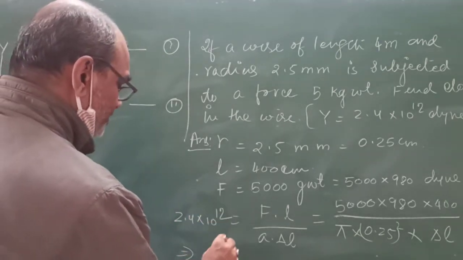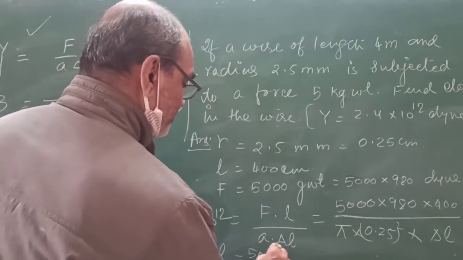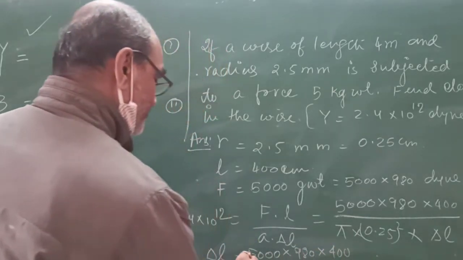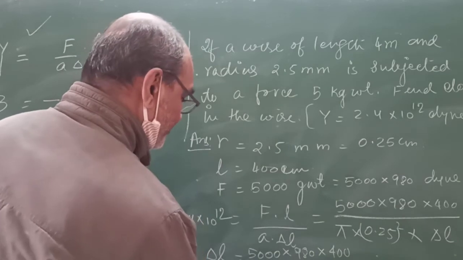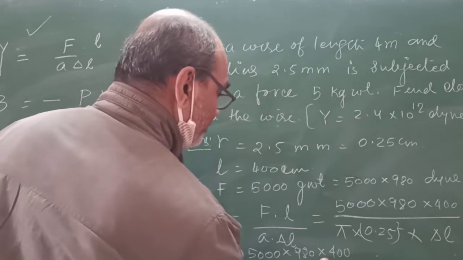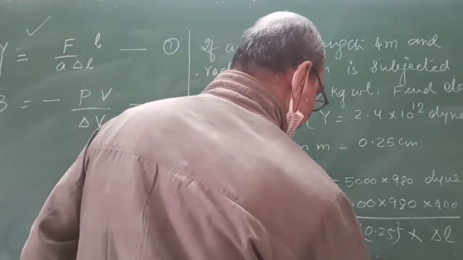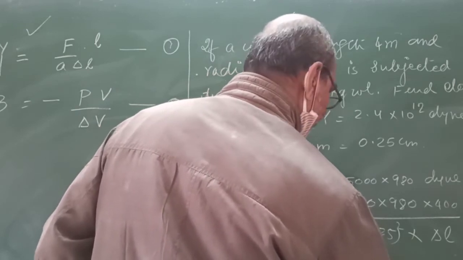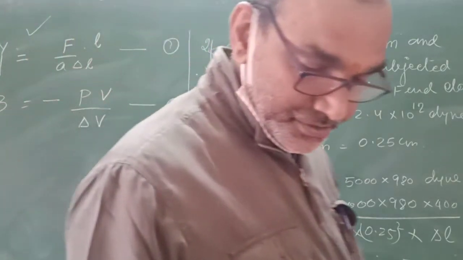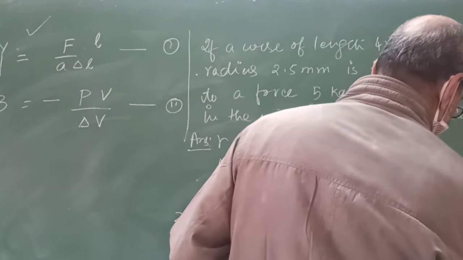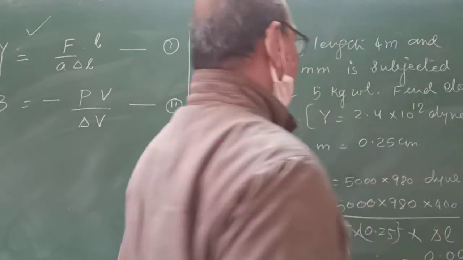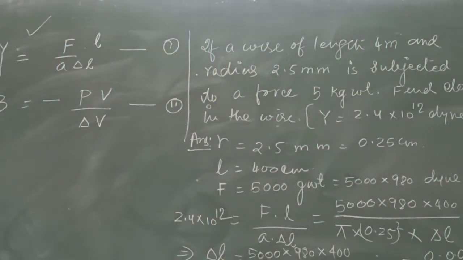Therefore, delta L is equal to 5,000 into 980 into 400 divided by 3.14 into 0.25 whole square into 2.4 into 10 to the power 12, and by solving, we get 0.0041 centimeter. It is your answer. That is the elongation in the wire.